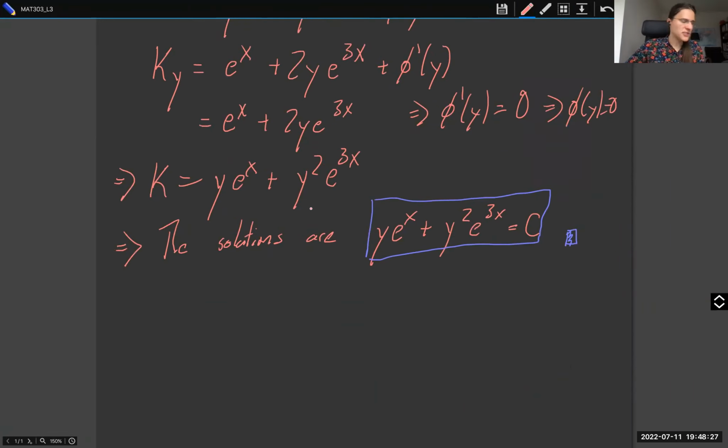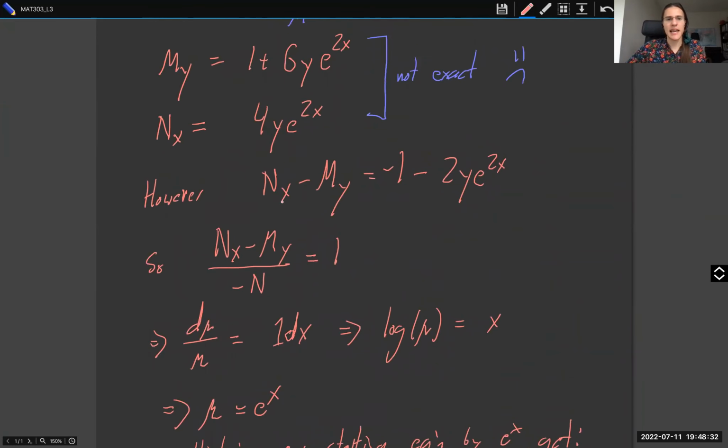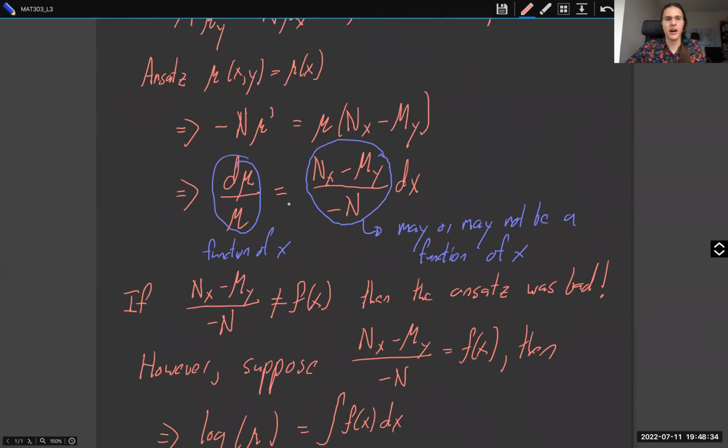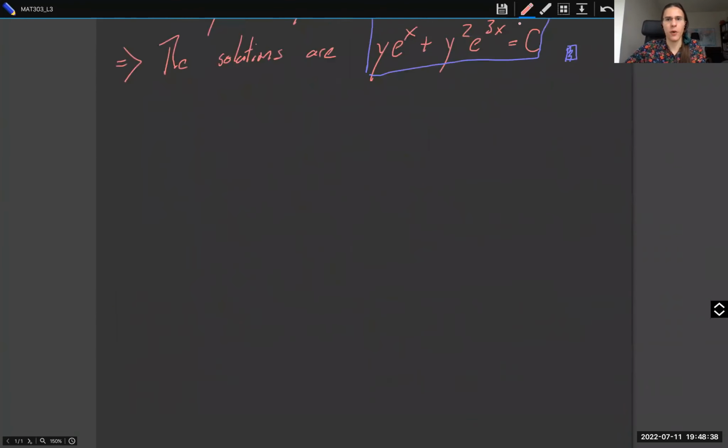Okay, let's do the case that's completely analogous to this one. This was the case in which we had that it was a function of x alone. Let's do the very similar case in which it's a function of y alone. So mu of y.